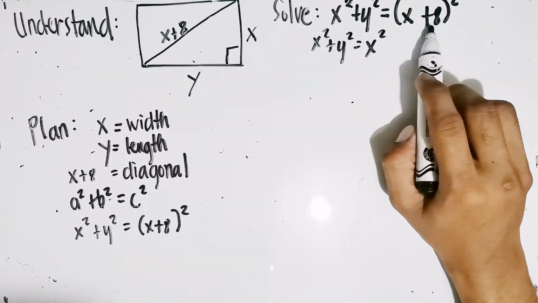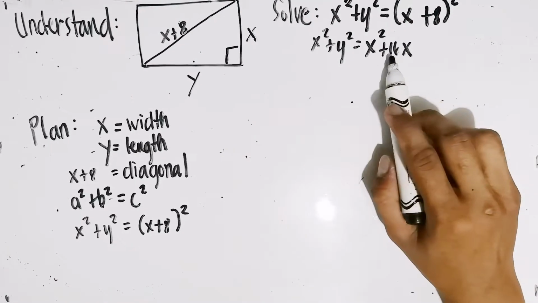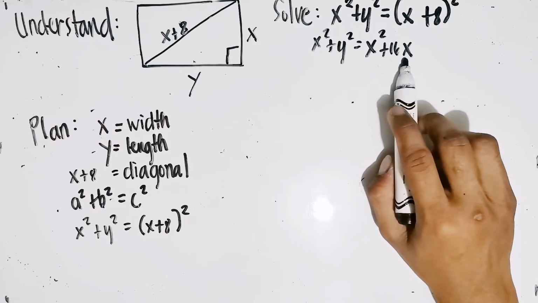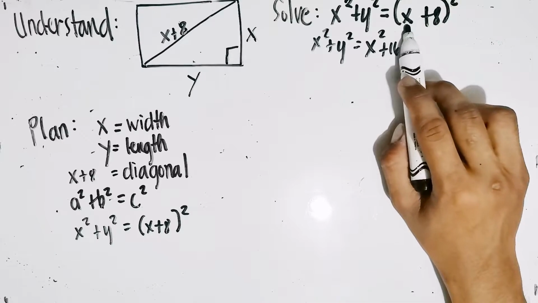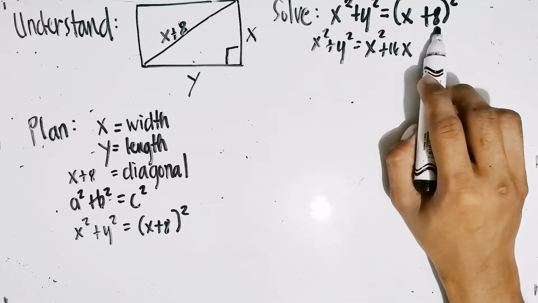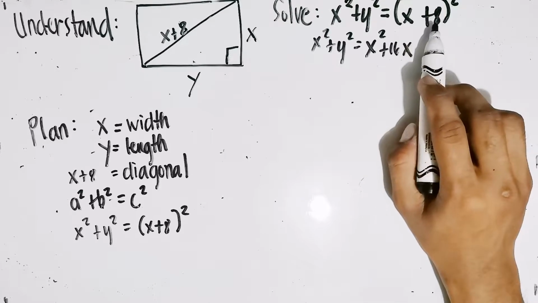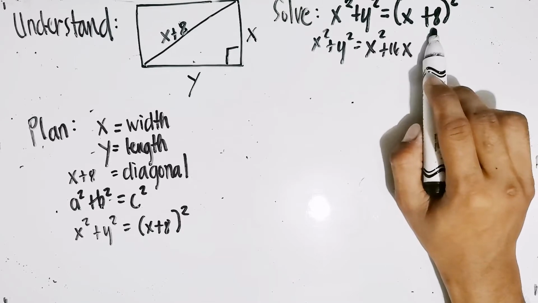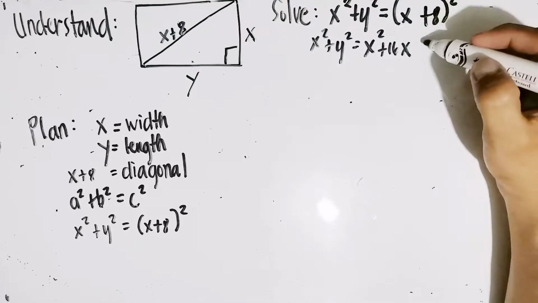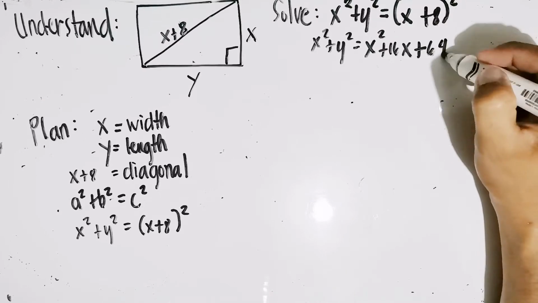That's 8x times 2, that's 16x. How did I get 16? To get the middle term, we multiply the first term and the last term. X times 8 is 8x. Now, the result should be multiplied by 2. The result will always be multiplied by 2. So, 8x times 2 is 16x. Now, for the last term, we have 8 squared, and that is 64.